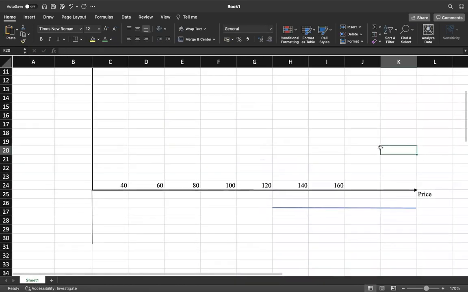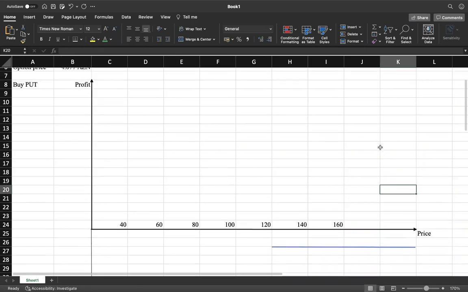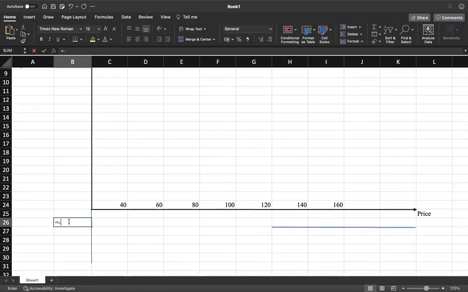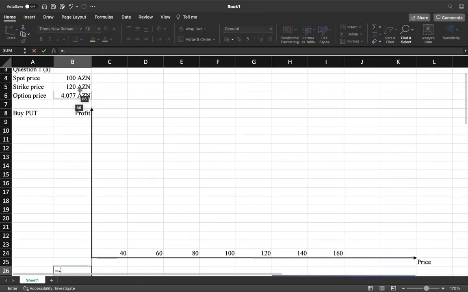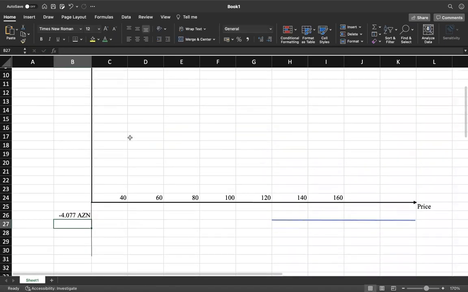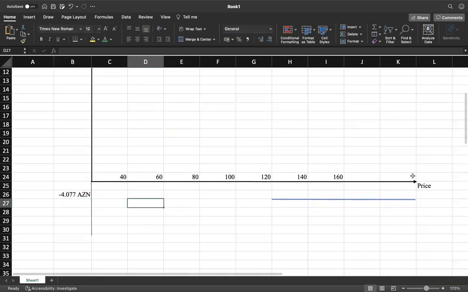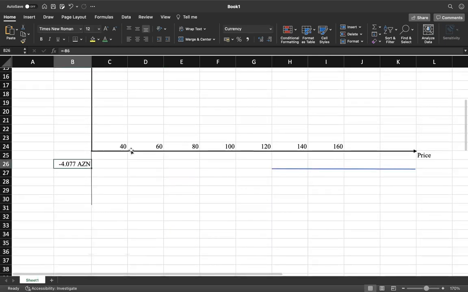And I am in loss of option price. So starting from here, I don't know what the price is. Till 120, I am in loss of only the option price because I am not exercising it.